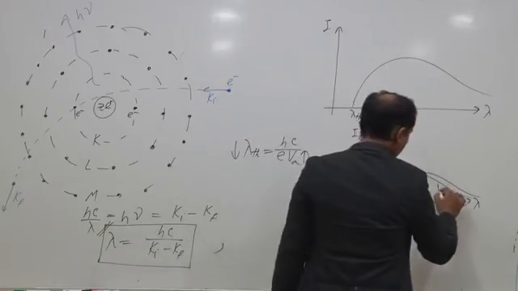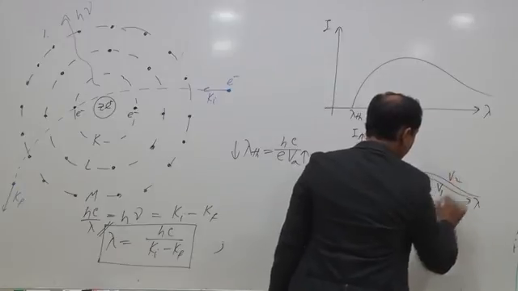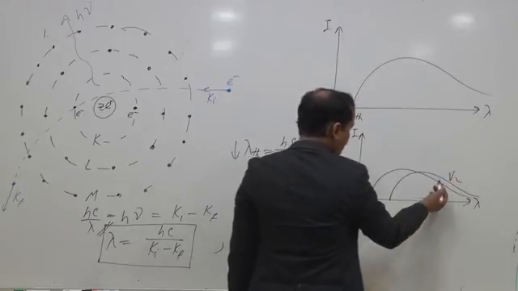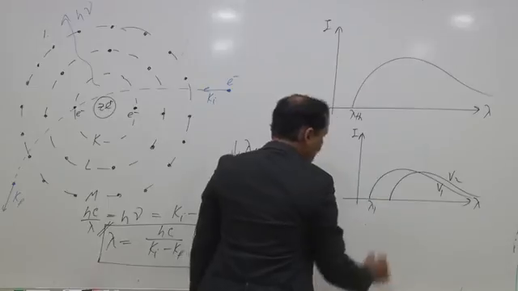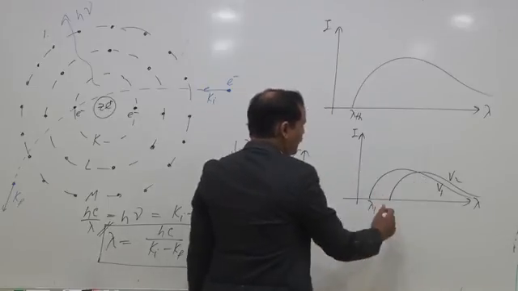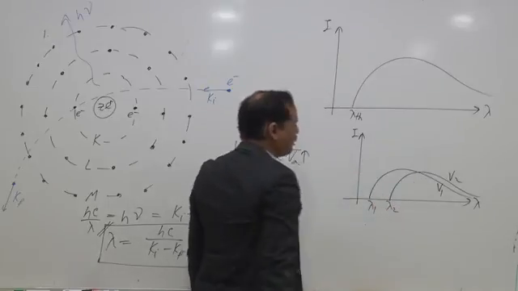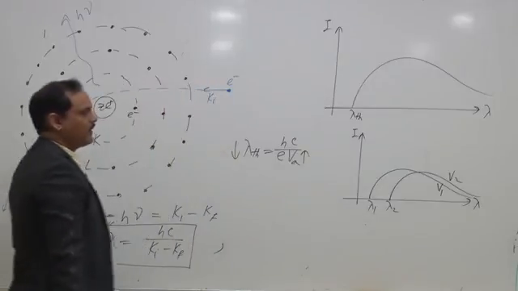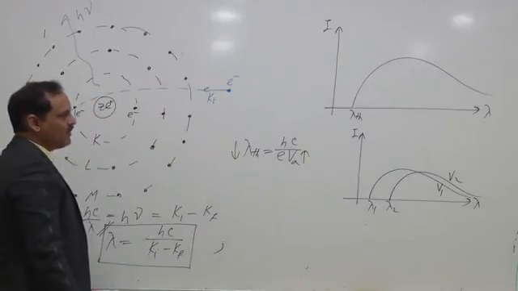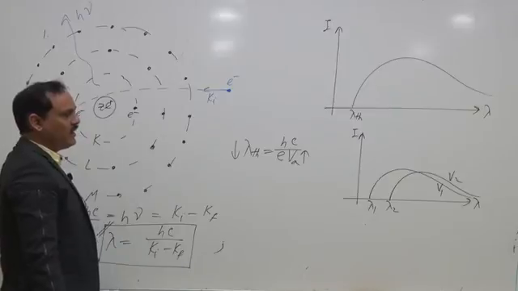Suppose this is the graph for V1 voltage, and this is the graph for V2 voltage. The threshold wavelength corresponding to V1 is lambda 1, and corresponding to V2 is lambda 2.